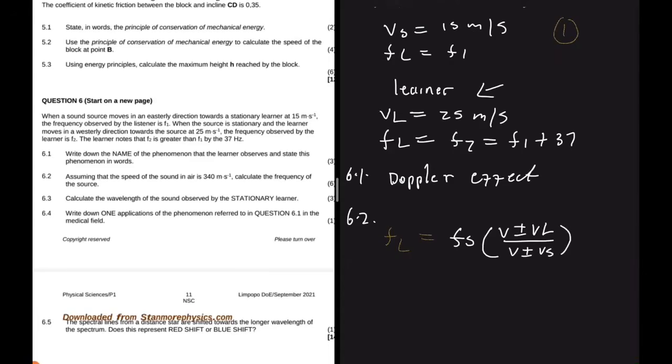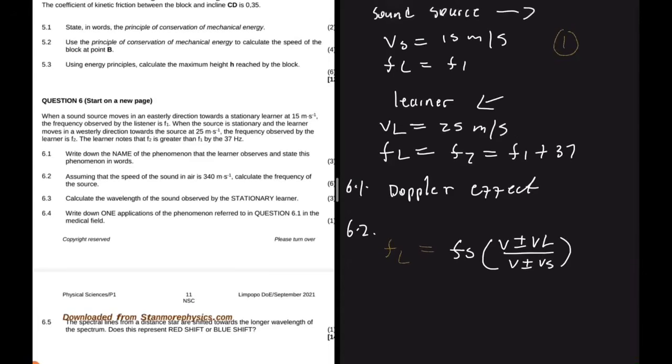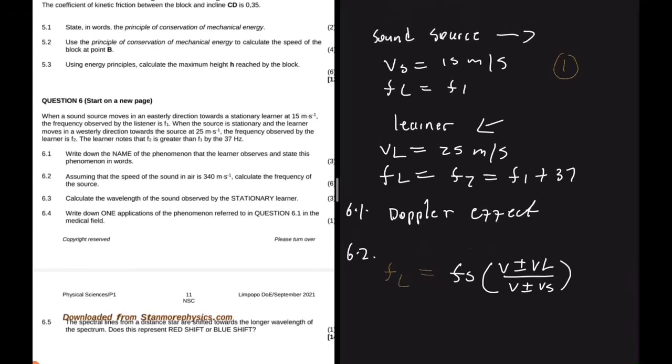And then the frequency observed by the listener when the sound source is moving towards the listener, we are told is F1, right? So we're going to substitute F1, and then this equals Fs because we don't know what the emitted frequency is, right?